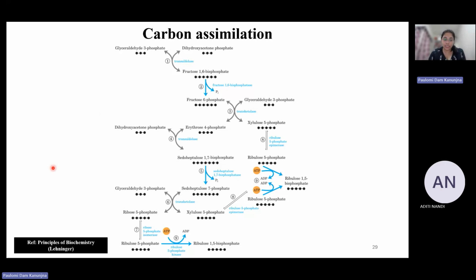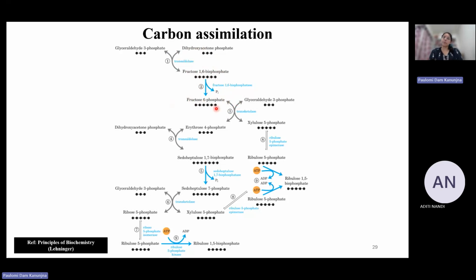If you look into this, it's basically a schematic of the interconversion between triose phosphate and pentose phosphate. If you keep following the black dots, it keeps giving you the number of carbons in each. So we begin with 3 carbons in glyceraldehyde and 3 carbons in DHAP. They come together to form fructose 1,6-bisphosphate. Now this 1,6-bisphosphate gives out one phosphate and forms fructose 6-phosphate.